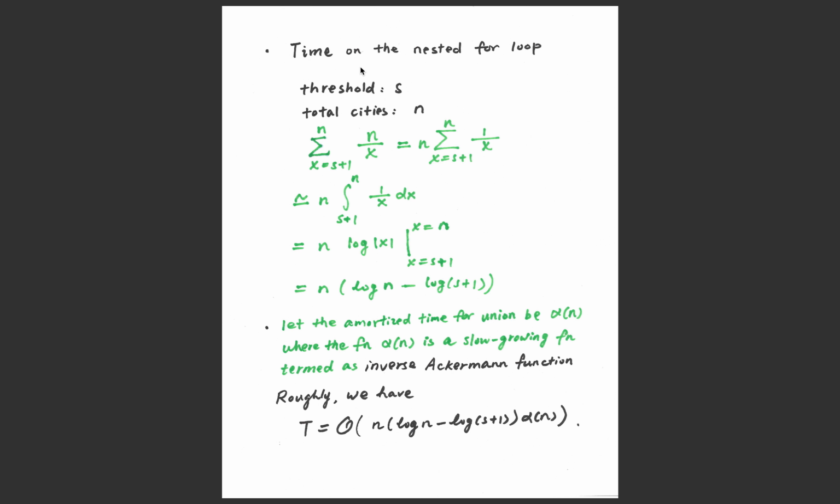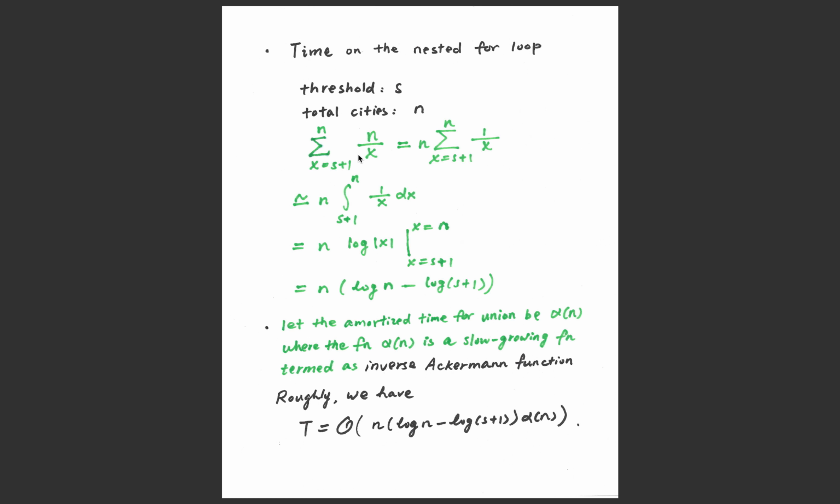First, I'm trying to count how many unions we are doing. In other words, this corresponds to the first item here, the time on the nested for loop. We use s to denote the threshold, and the number of total cities is n.